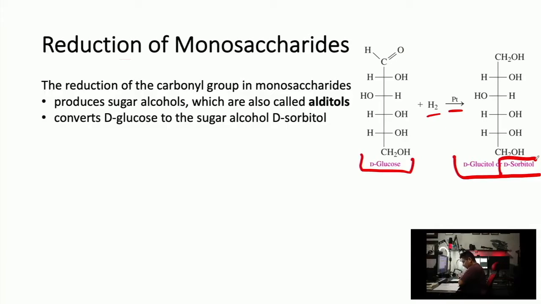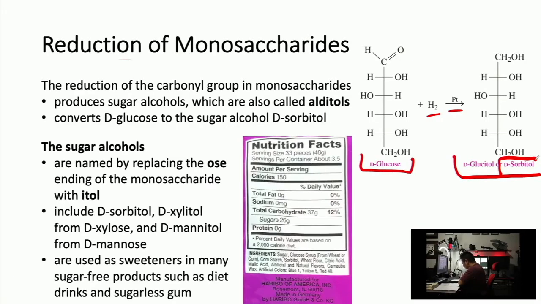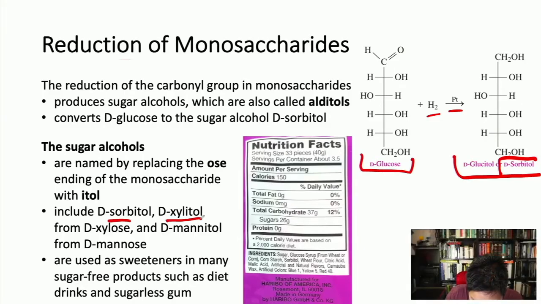Sorbitol is actually known as a sugar alcohol, and many of the sugar substitutes that we use in low sugar or sugar-free foods are actually sugar alcohols. They're normal sugars like glucose that have been reduced so they become sugar alcohols. Some of those are listed here: sorbitol, xylitol, xylose, mannitol, and mannose. You see mannitol a lot in gummy bears and stuff like that.